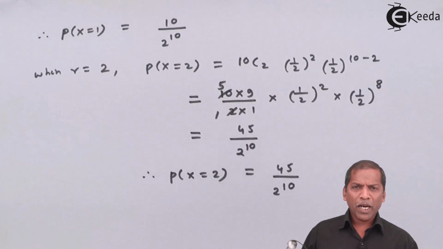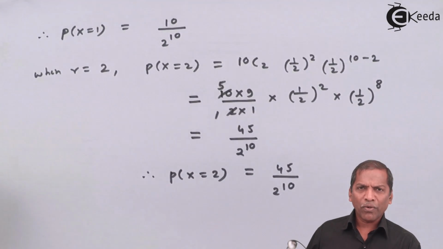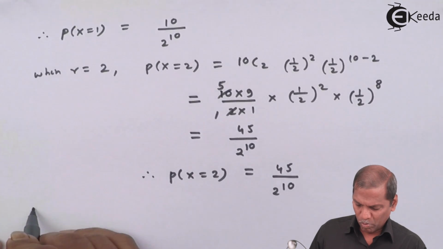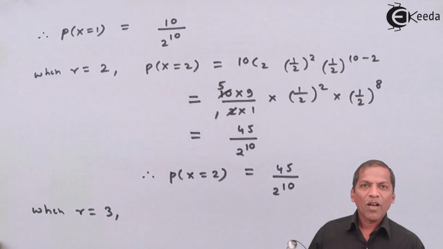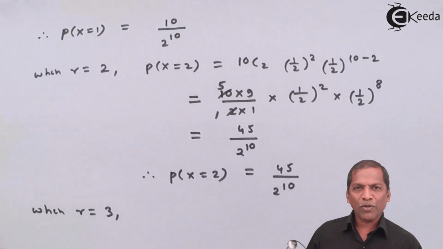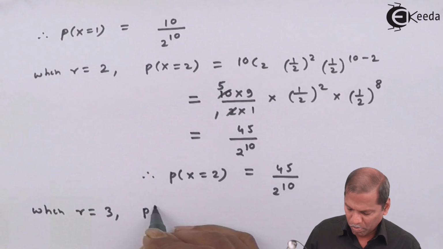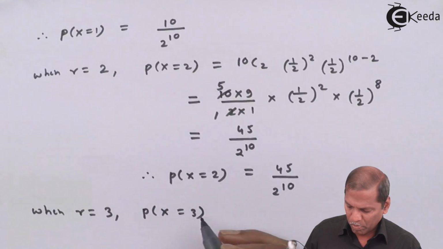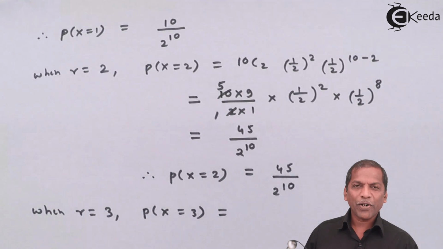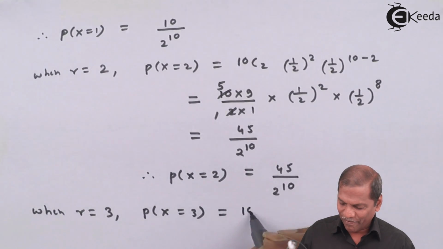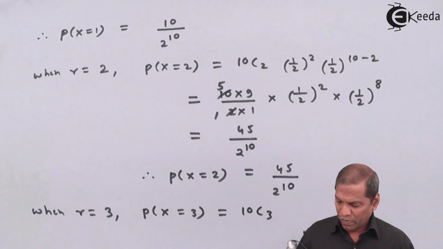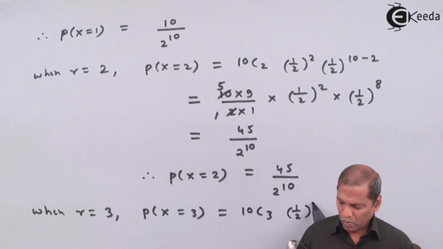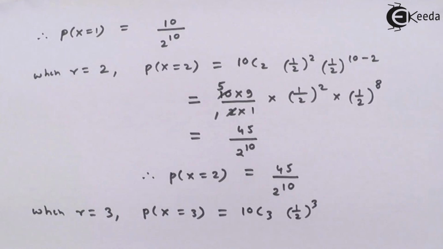Now we consider when r equal to 3. So probability x equal to 3 equal to 10C3 into 1 by 2 raised 3 into 1 by 2 raised 10 minus 3.